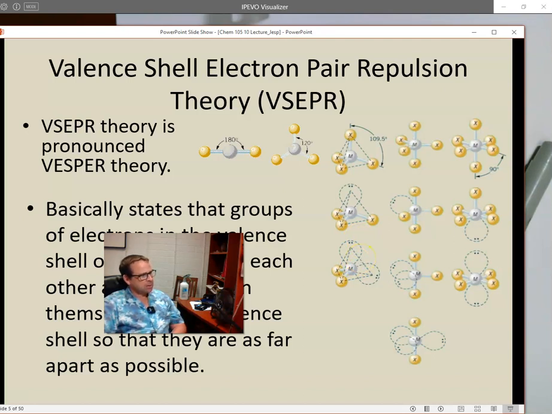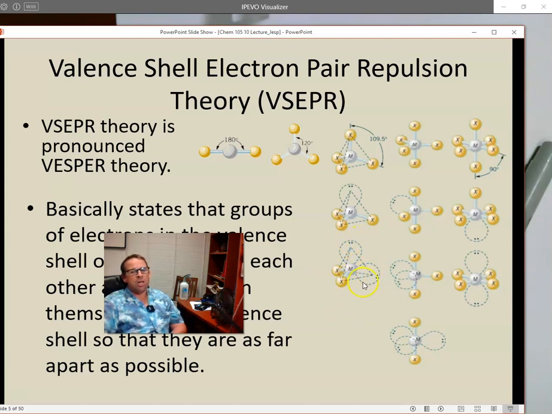All right. So, Nicole, your turn. How many regions of electron density do we have around this central atom here? 4. That's right. 1 non-bonding here, 1 non-bonding here, 1 bonding, and this last one, the 4th, is bonding there.